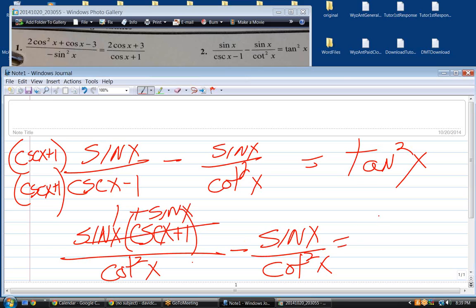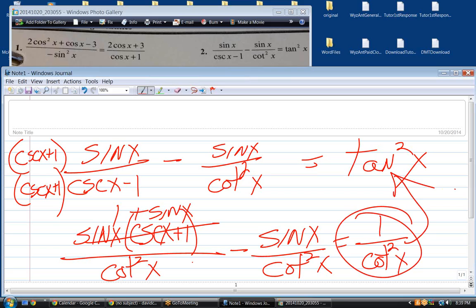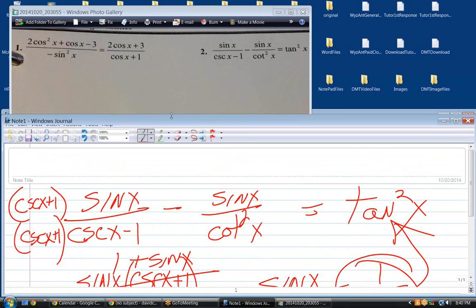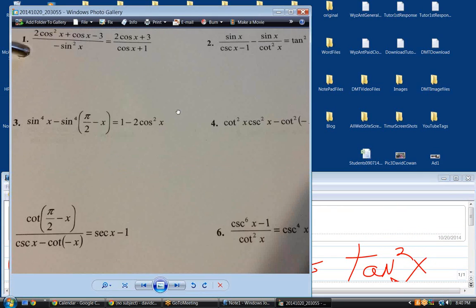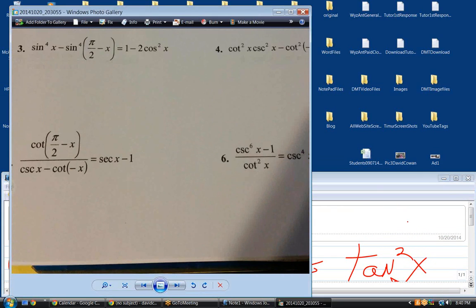So the numerator is 1, the denominator is cotangent squared, and that's equal to tan squared x. And this probably could have been done a couple of ways, but that seems to be the way that made the most sense, I think.